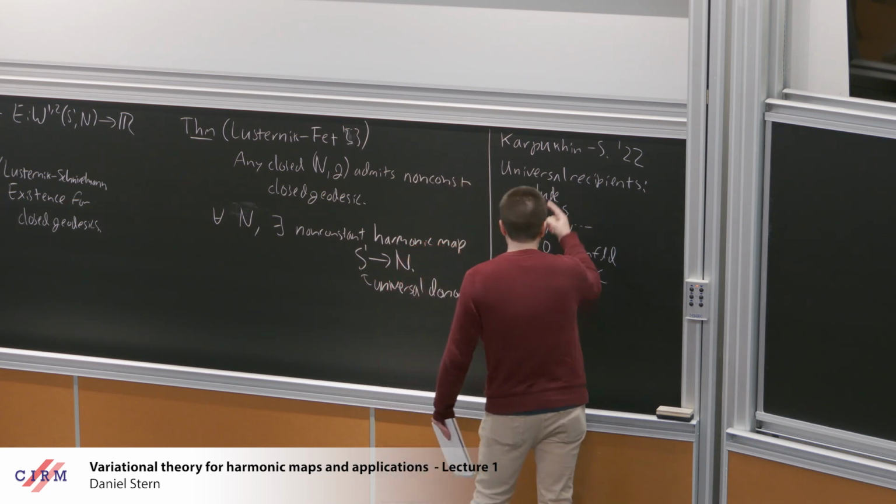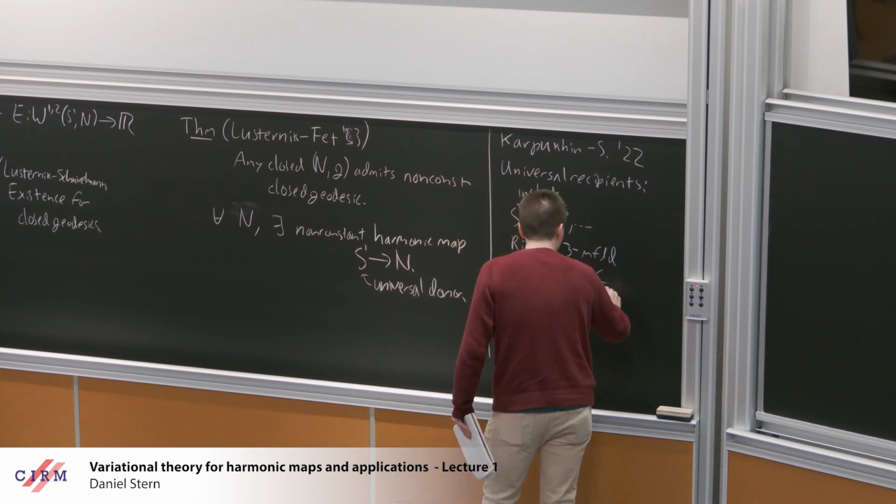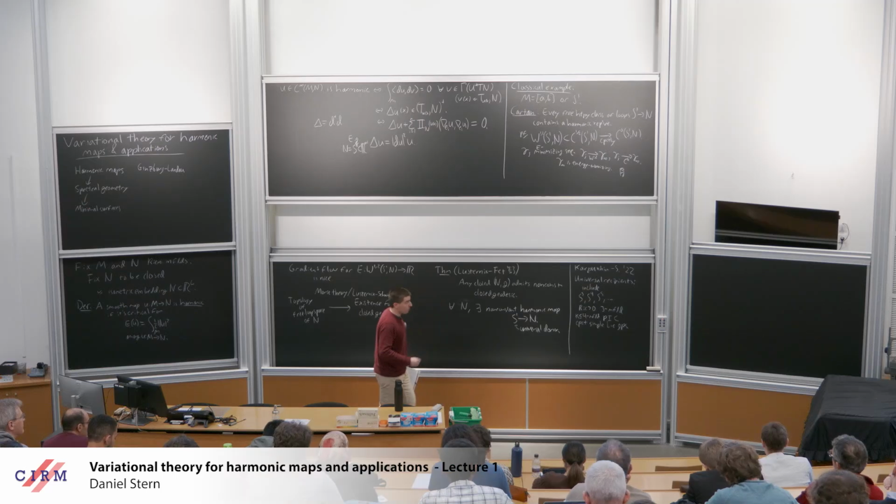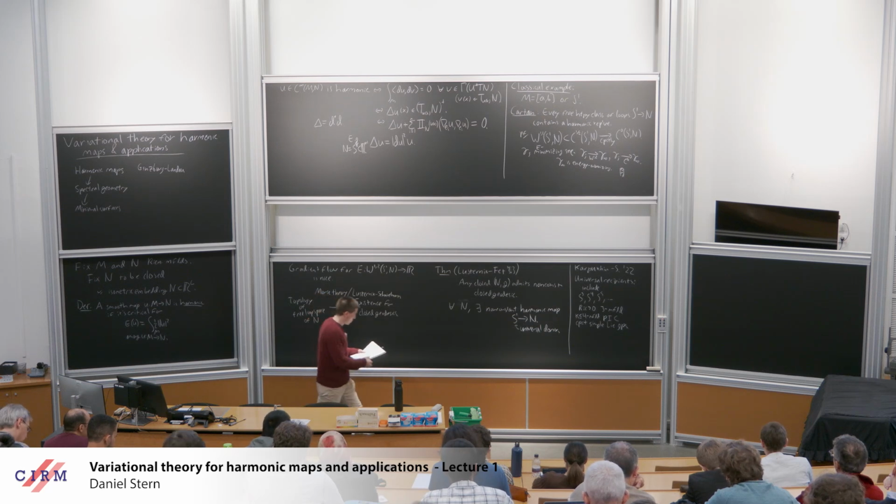Right, so there will be an analytic condition which includes all of these as special cases. Okay, so in fact, there are lots of universal recipients out there too. All right, and we'll get more specific about that tomorrow.